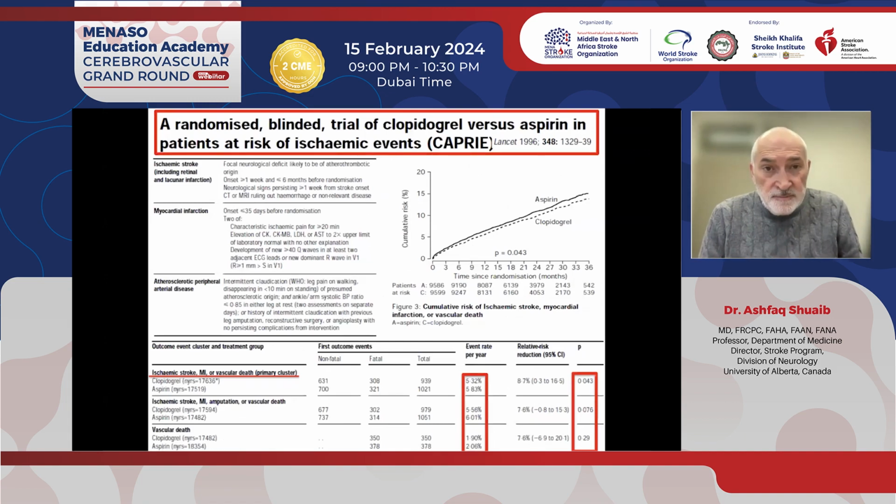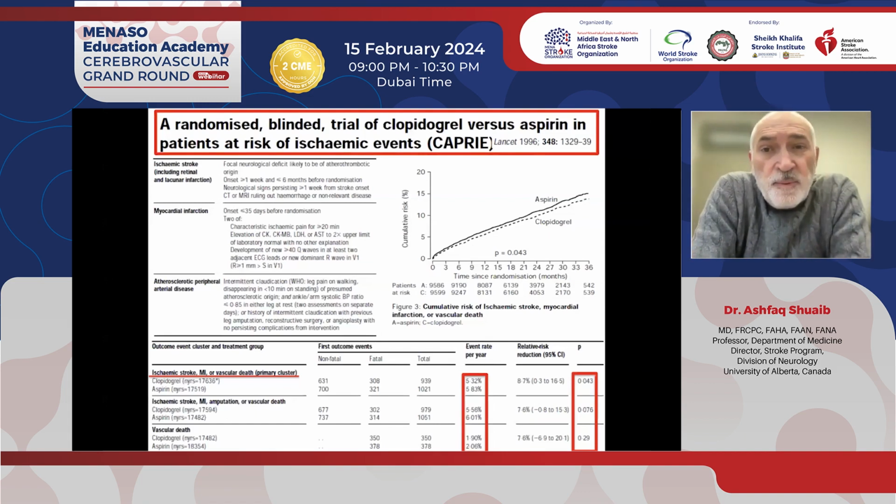In here, the question was, is clopidogrel, Plavix, is it better than aspirin? And they were looking at patients, we were looking at patients with ischemic stroke, with myocardial infarction, and with peripheral arterial disease. So if you look at the graph, Plavix is marginally better than aspirin.